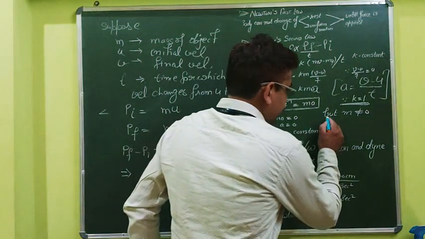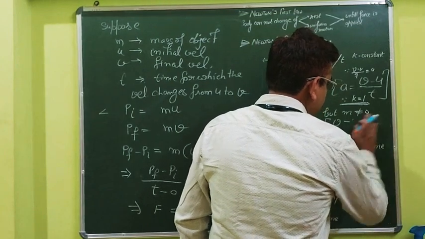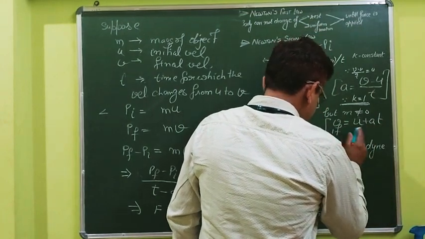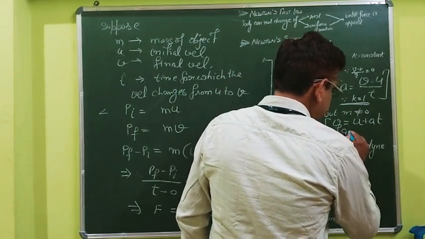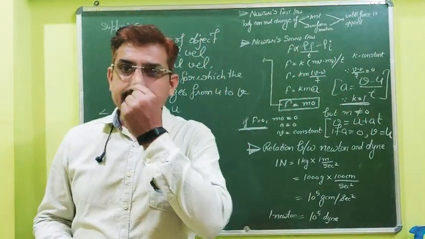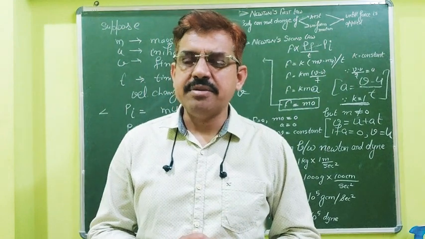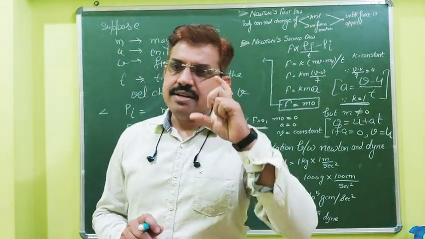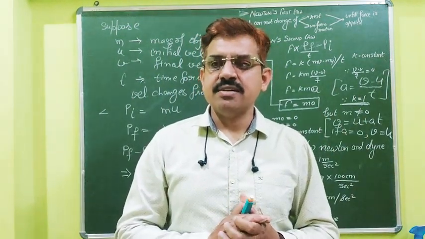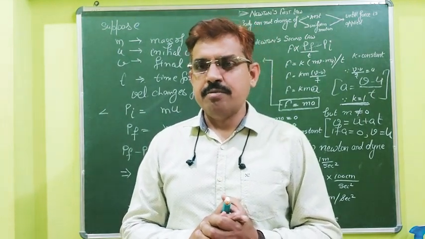We know that v minus u is equal to at, or v is equal to u plus at. If a is equal to 0, therefore v is equal to u. So it means the velocity remains constant. Suppose your father is driving the car at a constant velocity of 60 km/h.